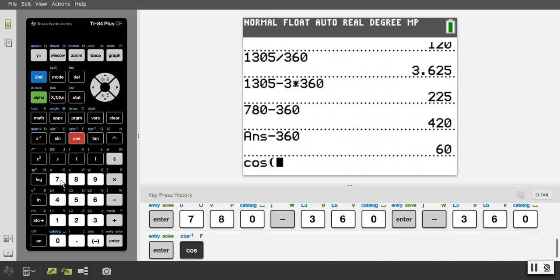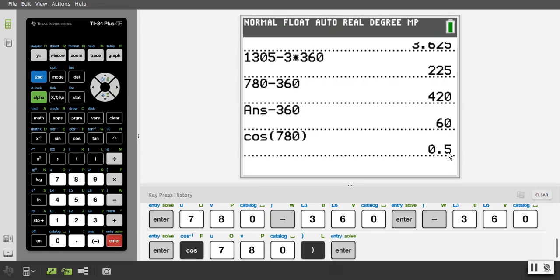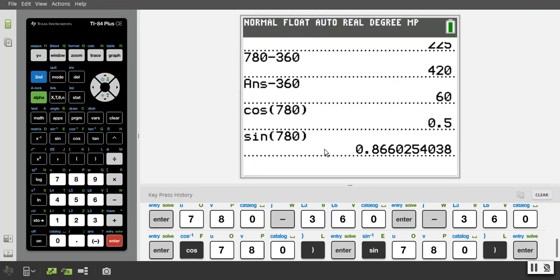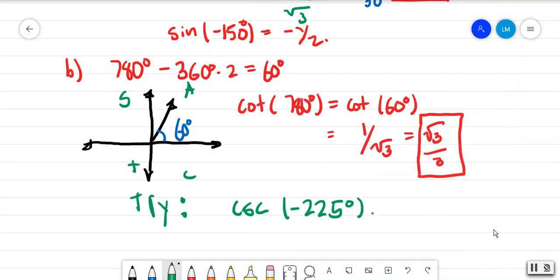For example, if you do cosine of 780, because the coterminal angle was also equal to the reference angle, 60, it's just going to give you a half. But if you do the same angle measure, it gives you approximations, which is okay, but if you want exact values, then you're going to have to use the triangle method.